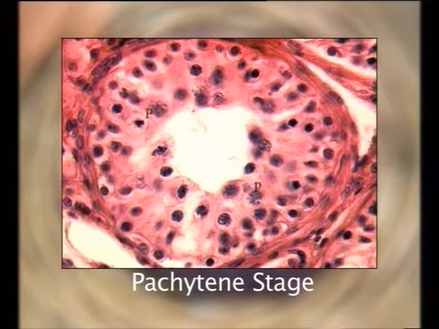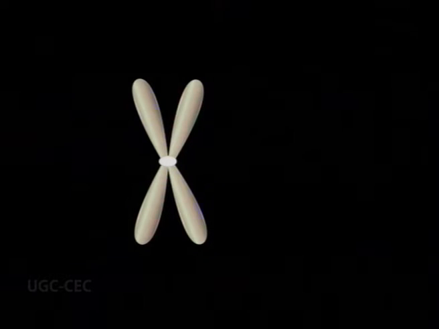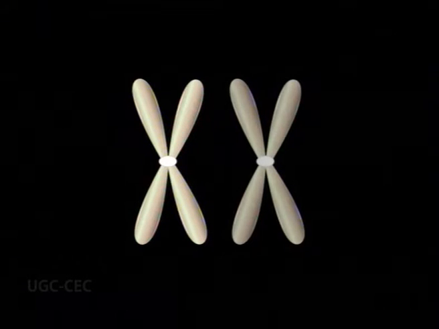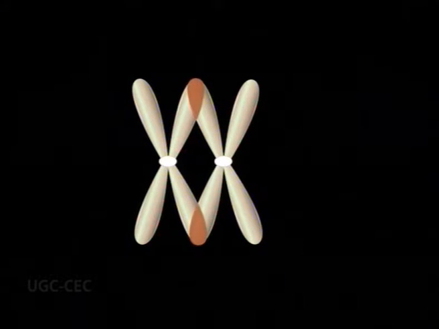Now we have one more stage which we call Pachytene. The Pachytene stage, also known as pachynema, from Greek words meaning thick threads, contains the chromosomal crossover. Non-sister chromatids of homologous chromosomes randomly exchange segments of genetic information or regions of homology.